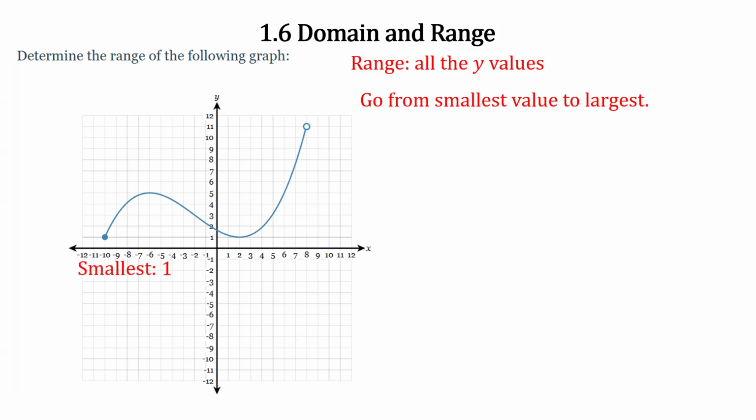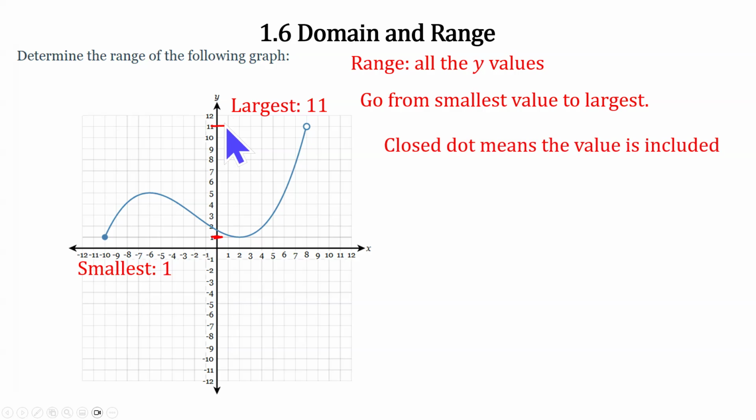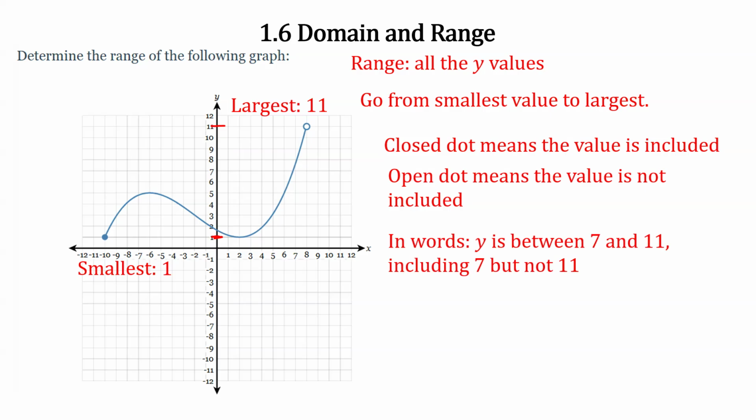Our smallest is 7, and we're talking about y values, 7 and 11. A closed dot means the value is included. An open dot means the value is not included. So in words, y is between 7 and 11, including 7, but not 11.